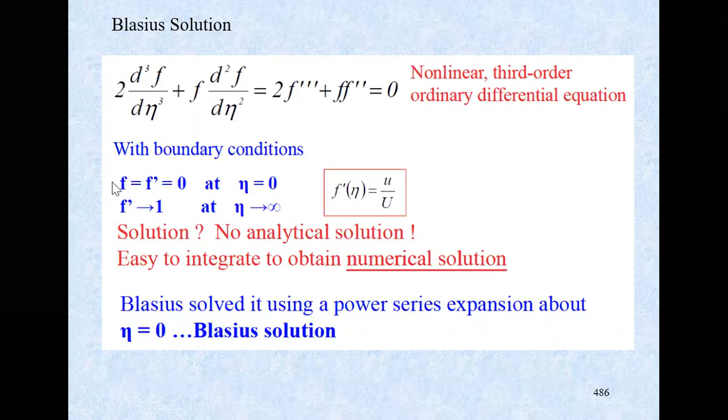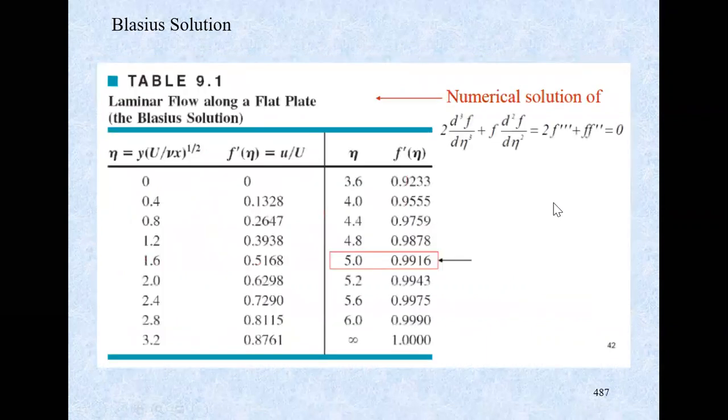The analytical solution is complex, given the boundary conditions. So what Blasius did was obtain a numerical solution of this differential equation. He used the power series expansion to solve this differential equation, and the solution is presented in this table.